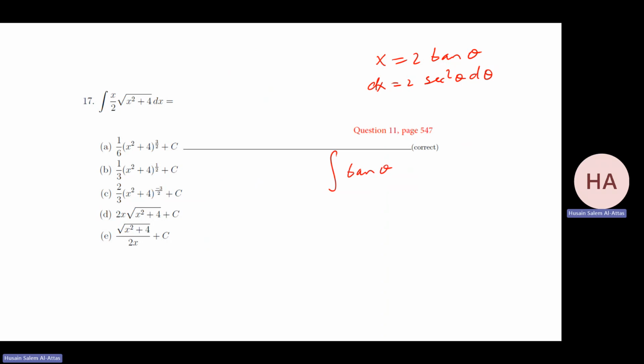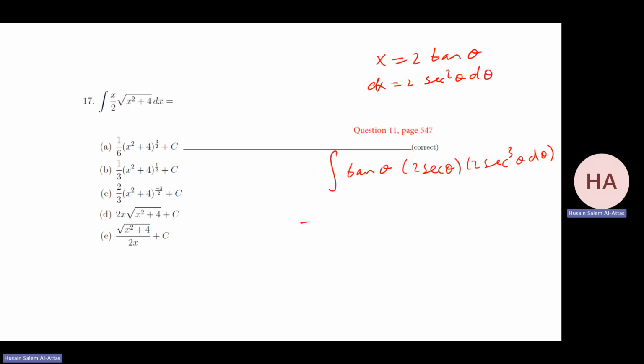Square root x squared plus 4: because this is 2 tan square, so I have 4 tan square plus 1, which is 4 secant square under the square root. That will be 2 secant theta. Dx is 2 secant squared theta d theta.